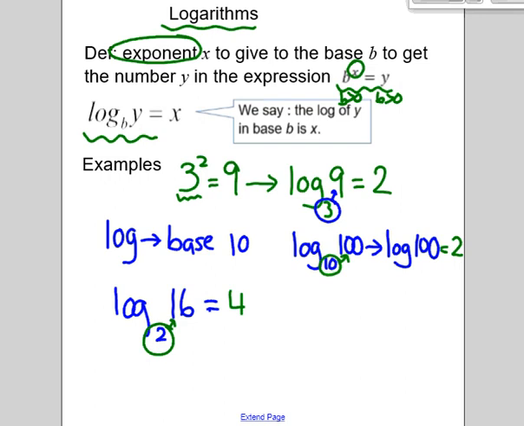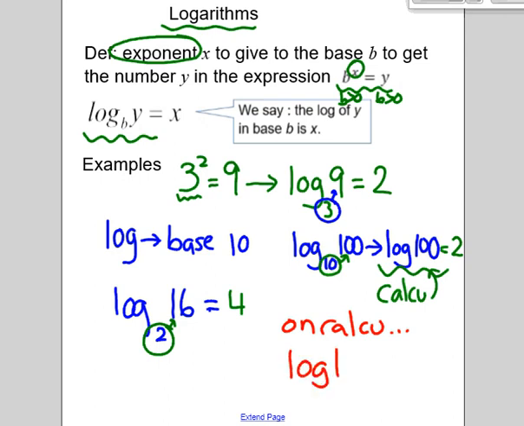Now, as you can imagine, on your calculator, it's not going to always be a whole number. So if you had to do that on your calculator, I told you that on your calculator, it's always base 10, right? So what you would have to do if you wanted to do that on your calculator, you would do log of 16 over log of 2.